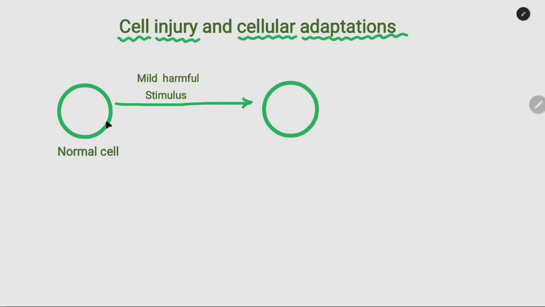Suppose this is a normal cell, any normal cell of our body, and now suppose we are giving some mild harmful stimulus to it. Okay, now what happens is that this mild harmful stimulus will cause some damage in the cell.